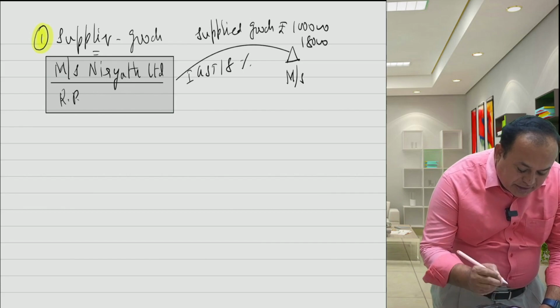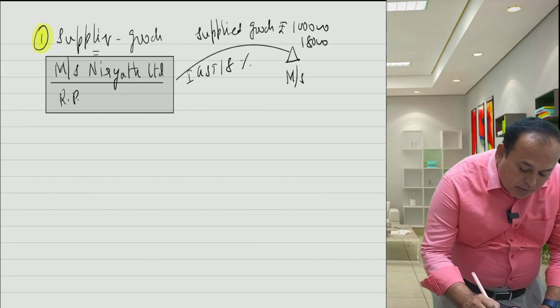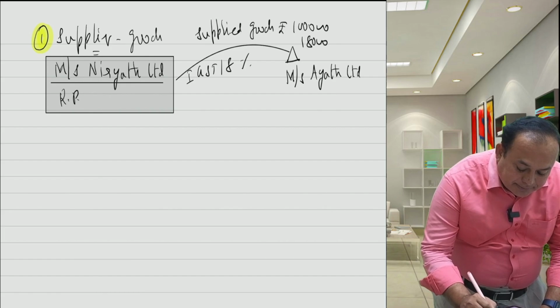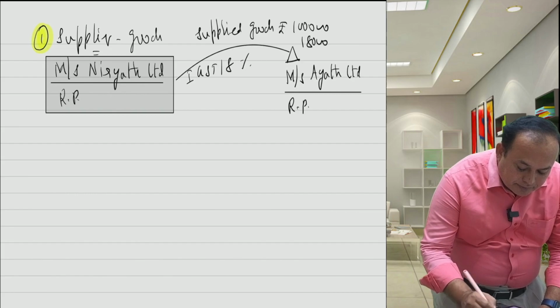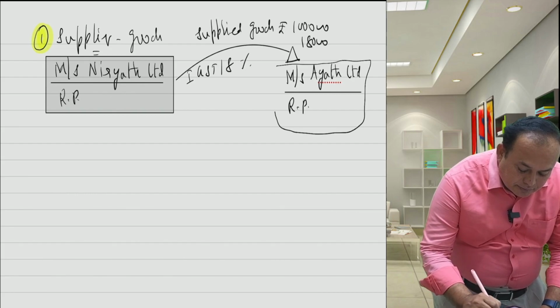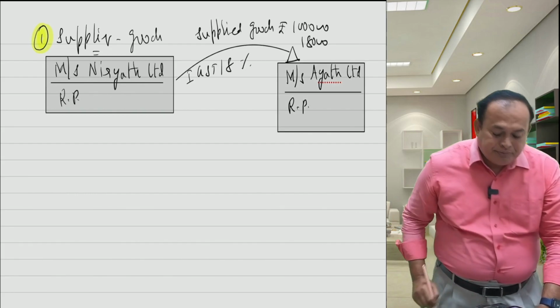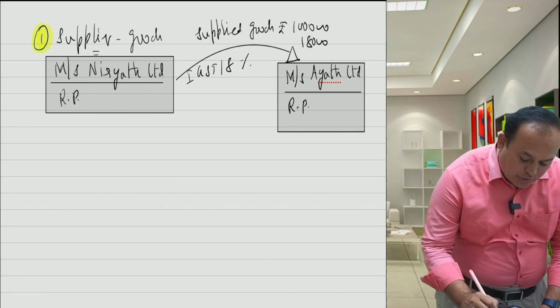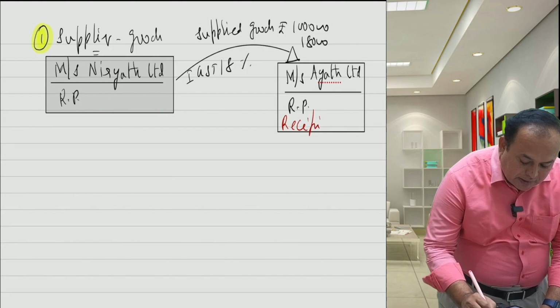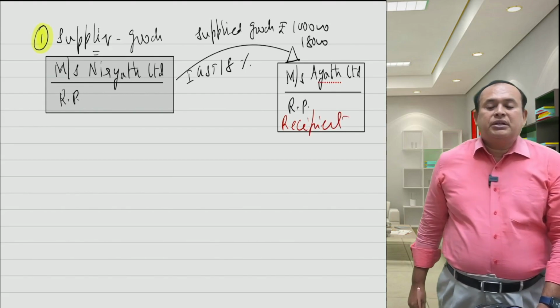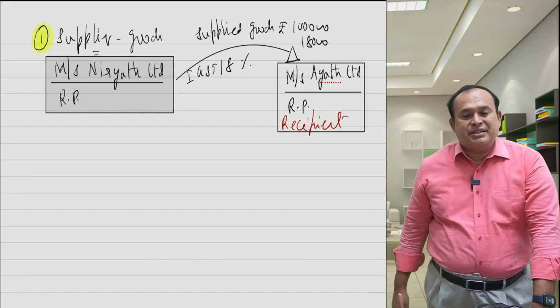To Mrs. Ayat Limited, also a registered person. They are the recipient. So supplier is there, recipient is there.